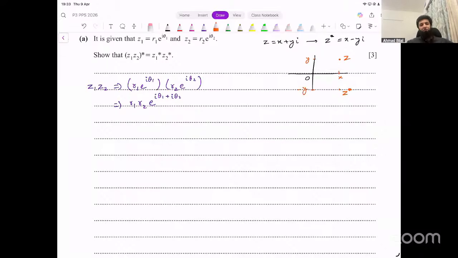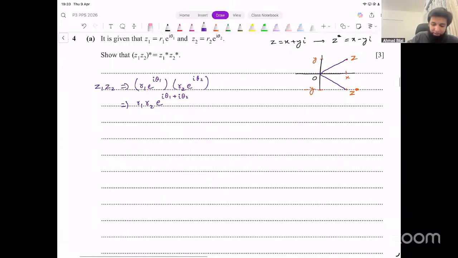Now, if you think of modulus and argument, how do they change? What's the modulus of z and what's the modulus of z conjugate? They're going to be equal to each other, right? Whatever is the modulus of z, it will be the same for z conjugate. So the conjugate of z1 z2 is going to have the same modulus, this number multiplying outside will remain the same, r1 r2.